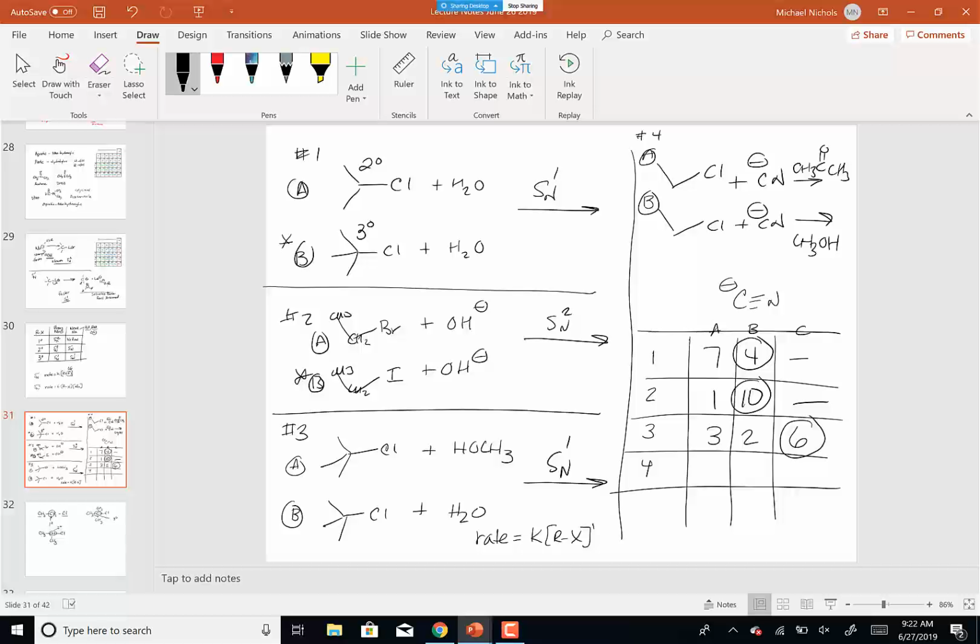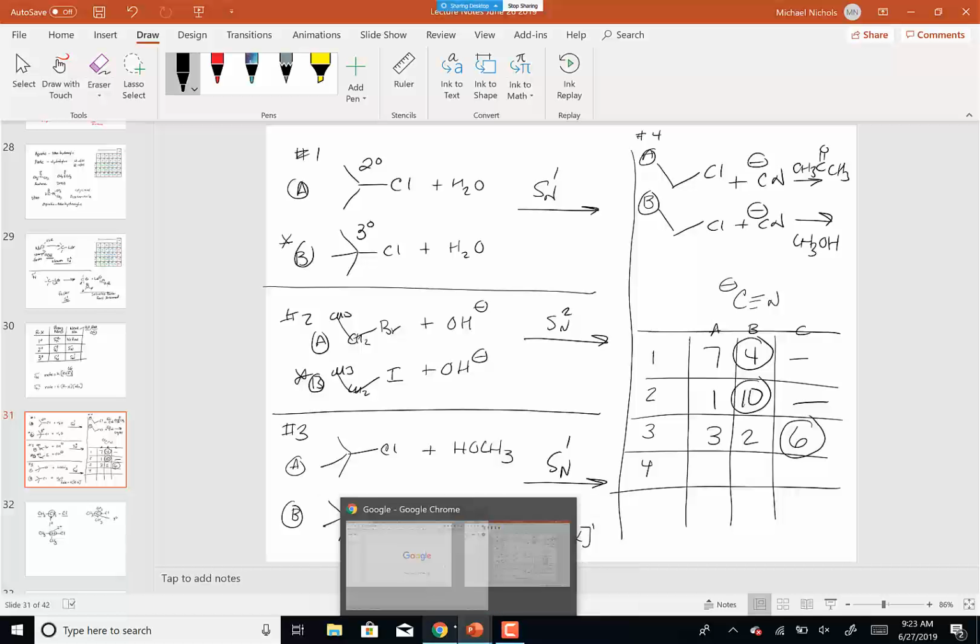So water being more polar would actually do a better job of solvating the ions once they're formed. So if you looked at water and methanol not as nucleophiles but also as solvents, the B would go faster because it's a more polar solvent. So if you looked at it that way, that would also be an acceptable answer.